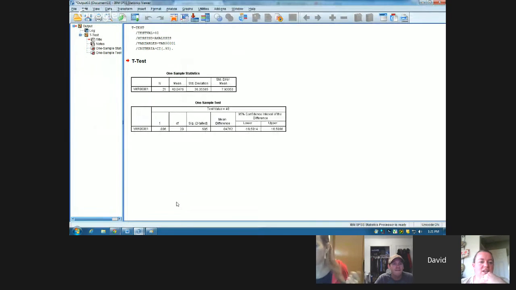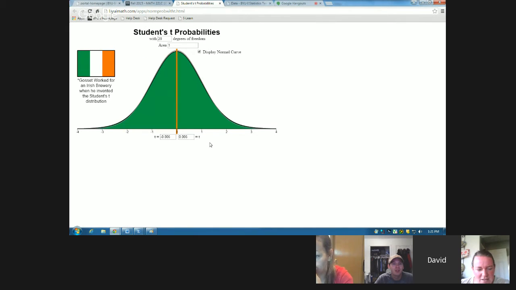If you put it into your little applet that I have yet to find, it gives me an area of 1, though. Yeah, same here. Area of 1. Well, that would be everything. That would be 100%. Did you just highlight the tails? Yeah. Okay, I'll show you what it looks like. It's kind of weird.